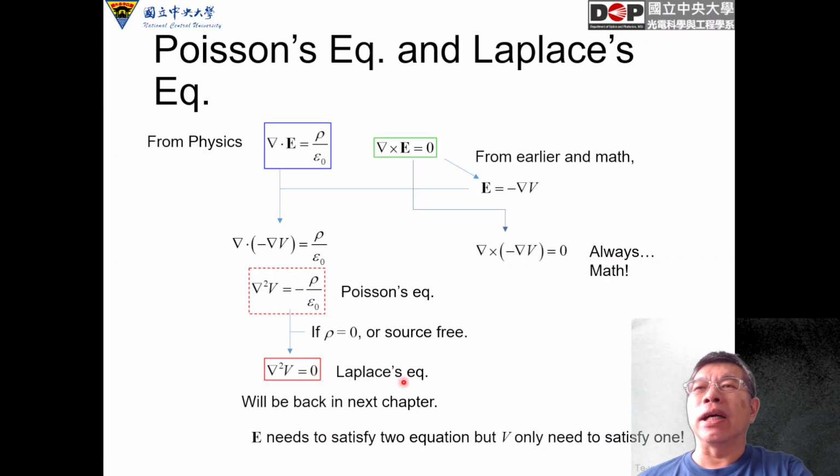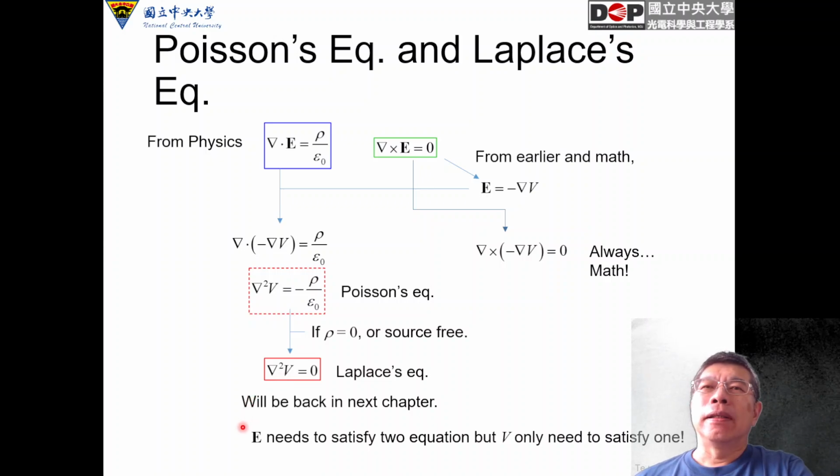Mathematically, it's called the Laplace equation. This looks easier and it is actually easier, and we're coming back in the next chapter to describe how to solve this thing, and it is rather interesting and simple.